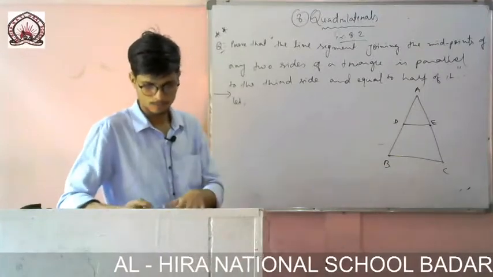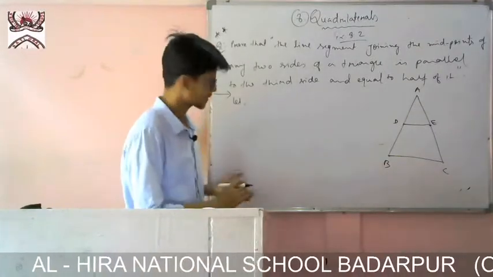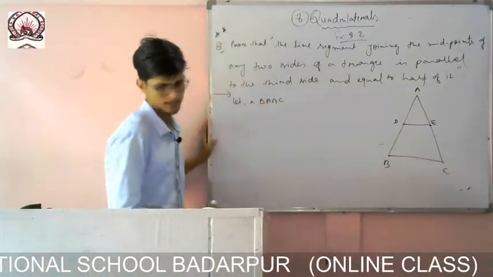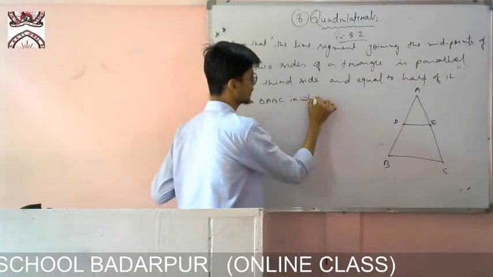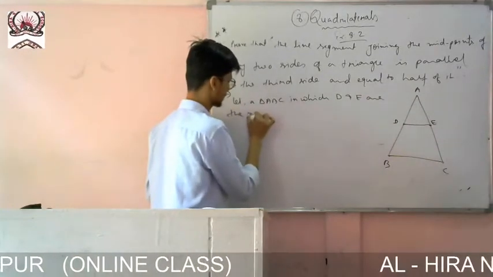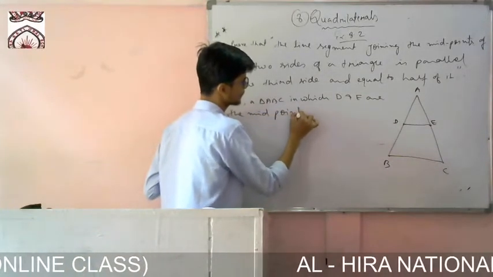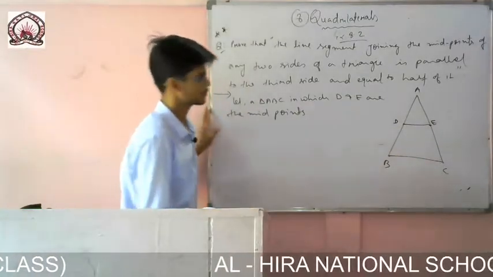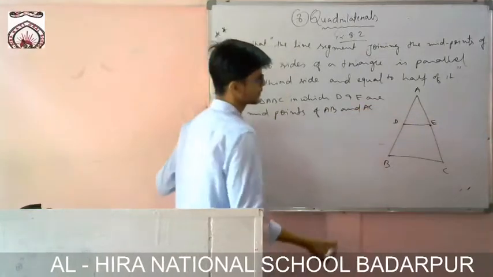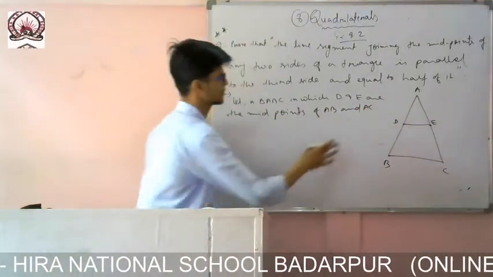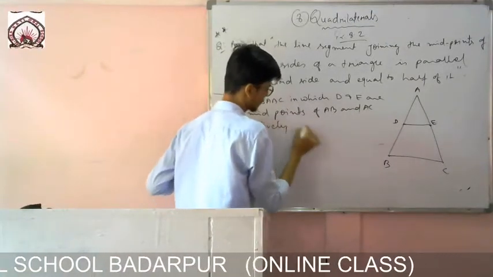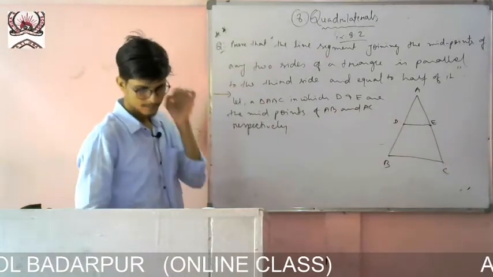Let ABC be a triangle in which D and E are the midpoints of AB and AC respectively.